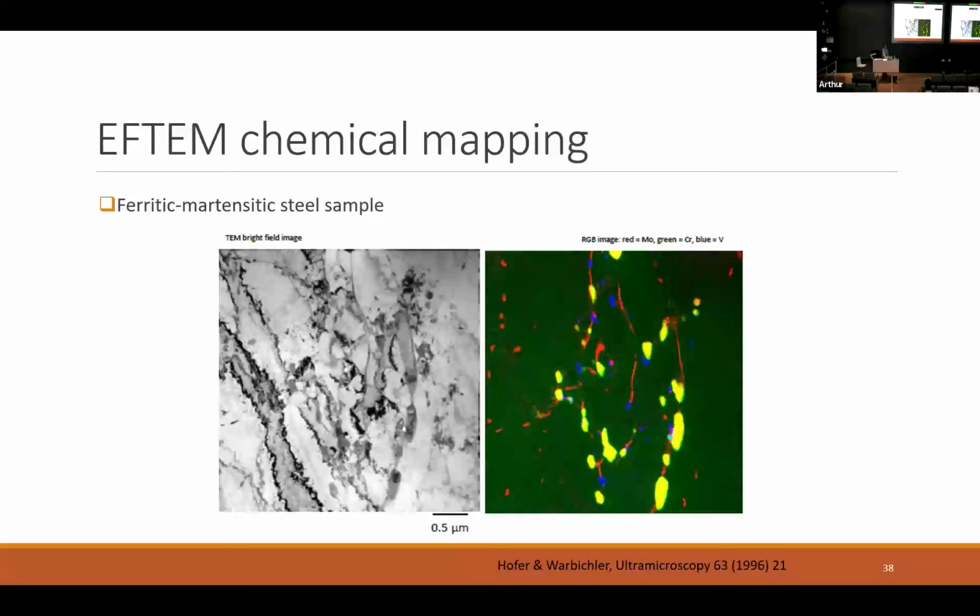As well as this, we can do chemical imaging. So we can sit at the different core loss edges. On the left here, we've got our bright field image of some steel, and you can't see an awful lot of information about where the different elements are coming from. But if you sit your filter on different edges, for example, the moly, the chromium, and the vanadium, you can get different color maps and you can see where these are.